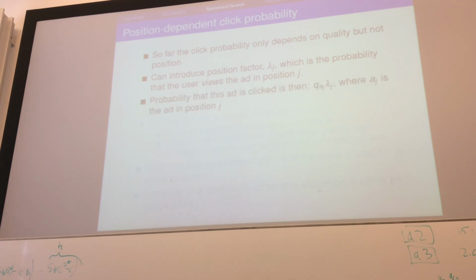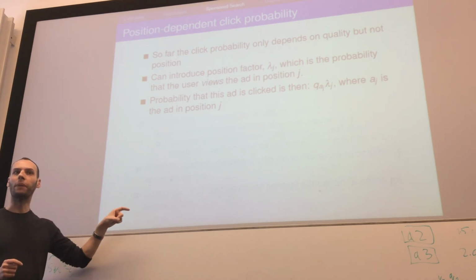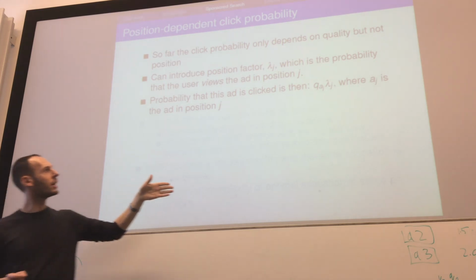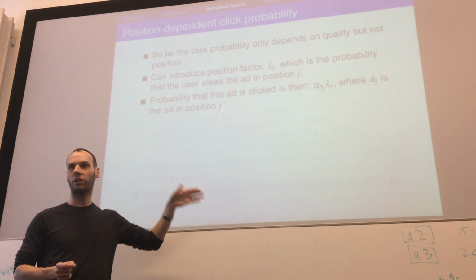So then, in this new model, we can say that the probability that the ad is clicked is the product of the quality and this lambda value, where the quality depends on the ad that is shown but is position independent, and lambda only depends on the position and not on the ad.